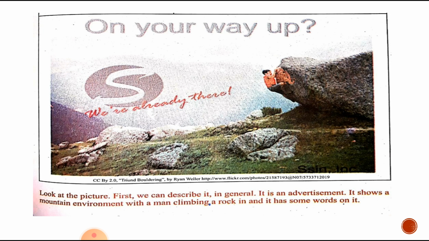The question asks the reader whether they are in the process of going further, and the words we are already there suggest that the advertiser has already reached a point in progress and their journey is still on. Thus, this advertisement indicates unseen progress and probably asks the readers to join them so that they can also make progress. So this we can understand through this picture.